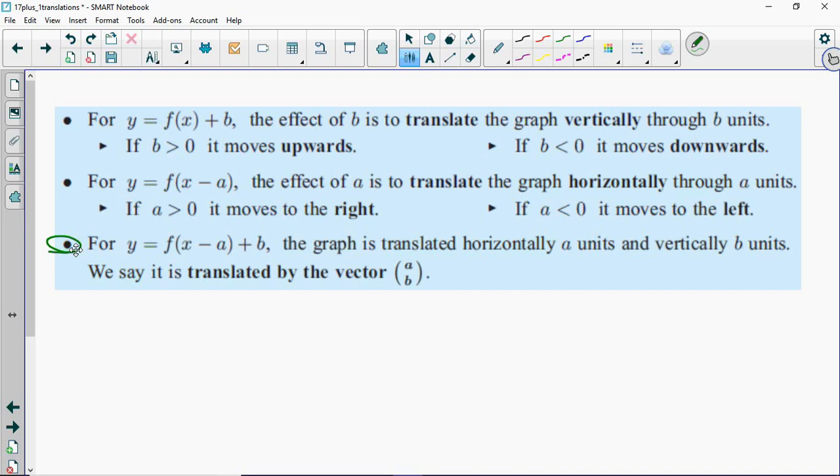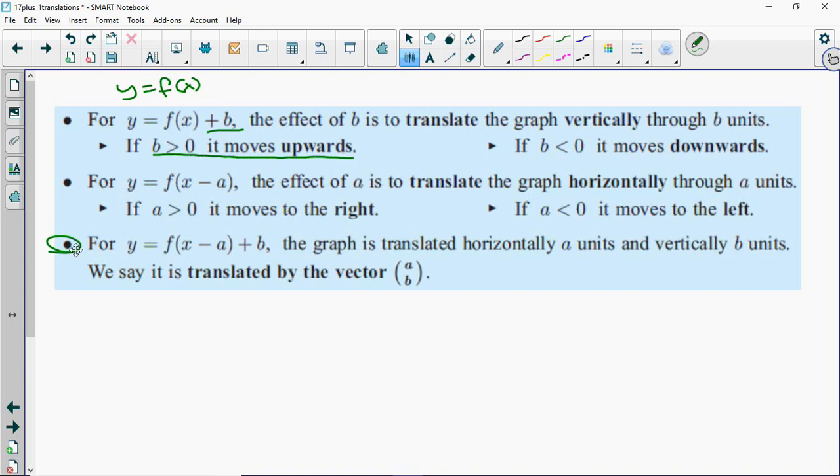So first, vertical translations. So we're starting off in all these cases with a graph of y equals f of x. Whatever f of x is, it doesn't matter what the function is. If we then add some number to the equation, some constant value, calling it b here, if that's a positive number, then the graph is going to move up.